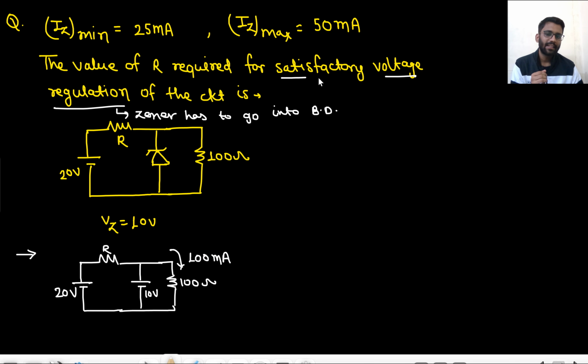Here it is written satisfactory voltage regulation. That means the minimum required condition for voltage regulation. If it was written safe voltage regulation, that means the current cannot go above 50 milliampere. Safe means the device should not burn out. Satisfactory means the minimum condition.